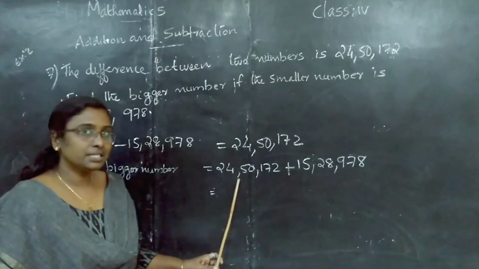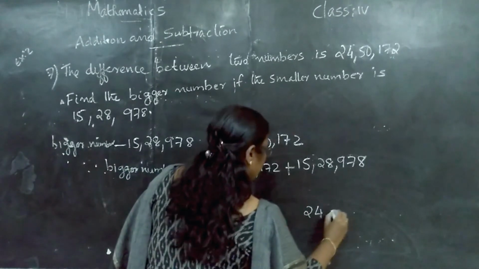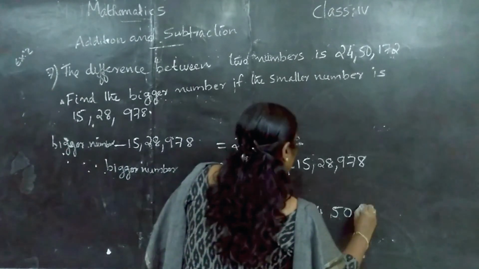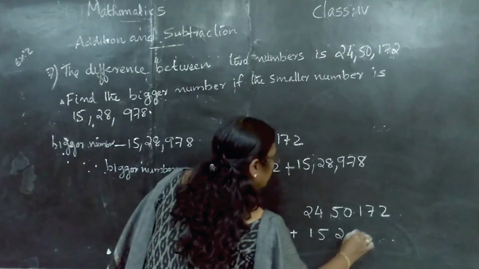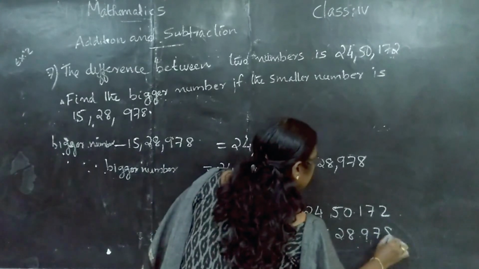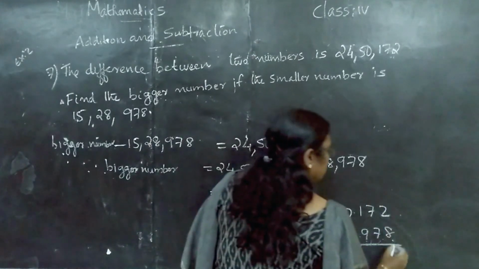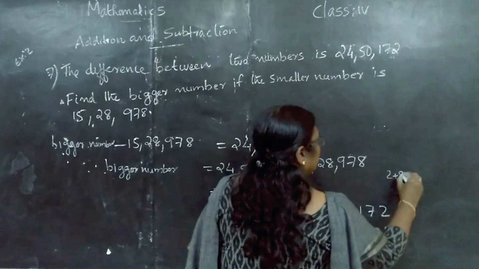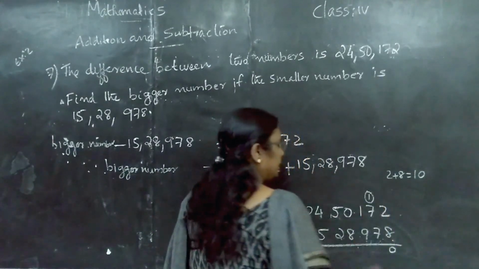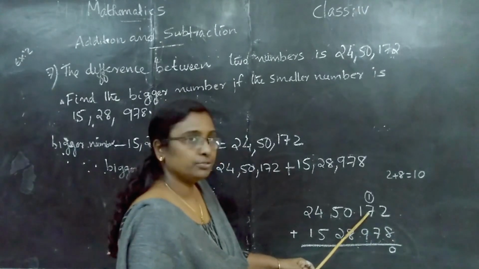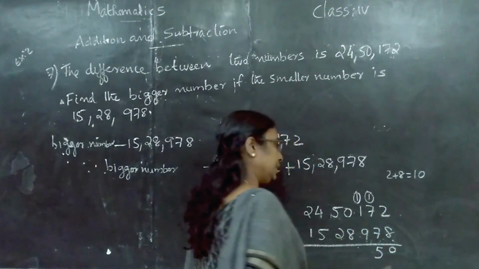You can do this. 2 plus 8 equal to 10. Write 0 here and forward carry 1 to the next place. Then add 7 plus 7, 14. 14 plus 1, 15. Write 5, carry 1 to the next place.